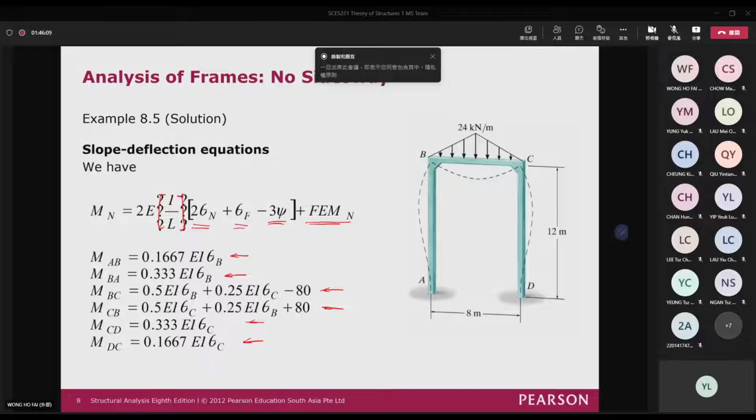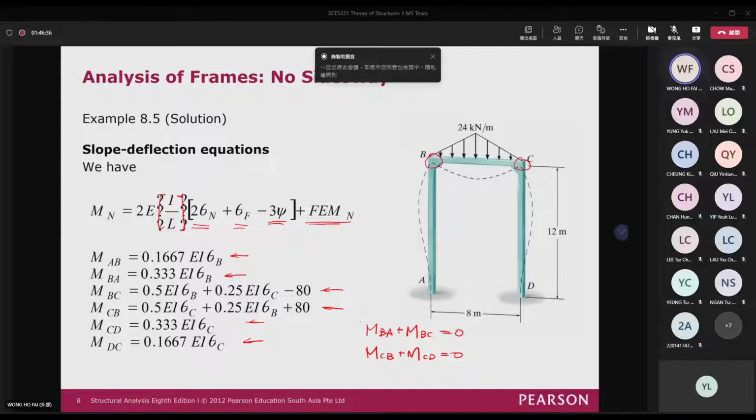Okay, so how can we find theta B and then theta C? Again, we just need to take a look at the joint here, and you need to know MBA plus MBC must be equal to 0. This is the first equilibrium equation. And then you need to know MCB plus MCD must be equal to 0.